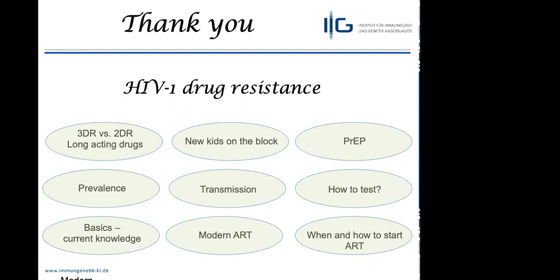But for bictegravir, we are now translating phenotypic results into clinics, and by this we will see whether these very promising data can really be translated into clinics. But we can be at least hopeful.